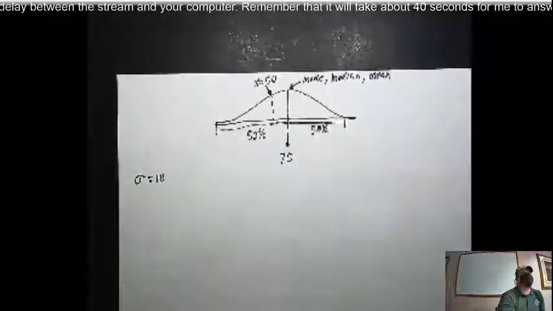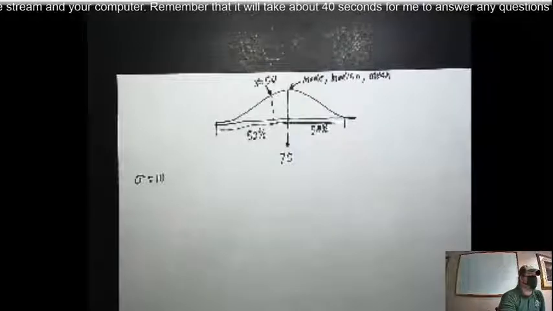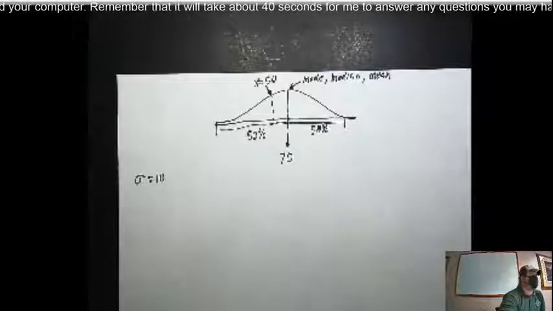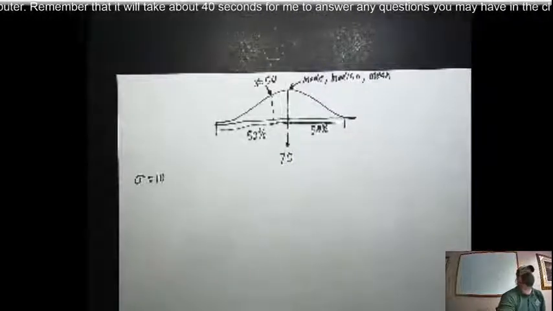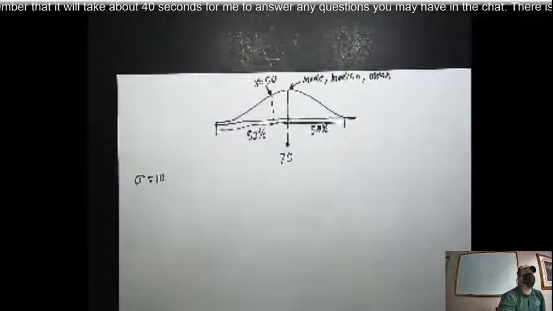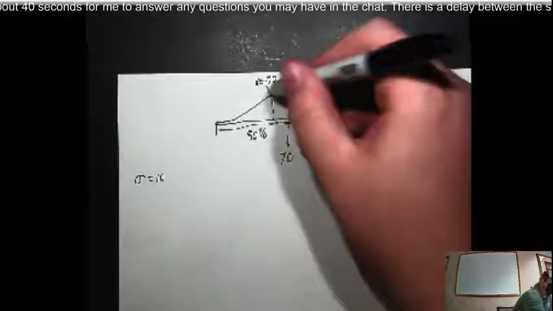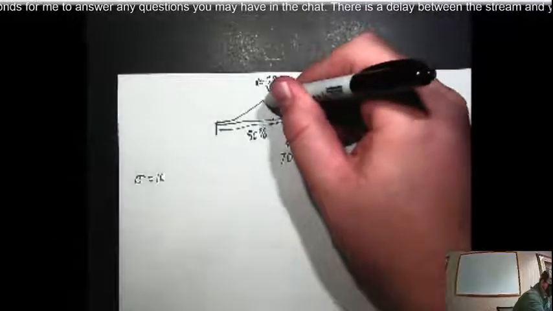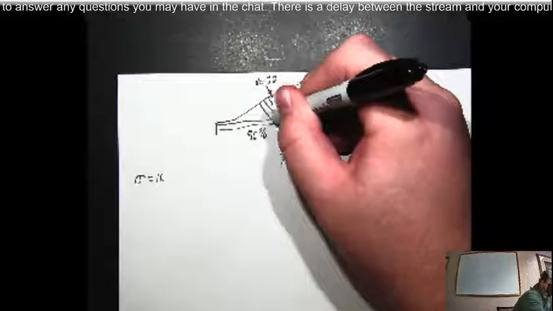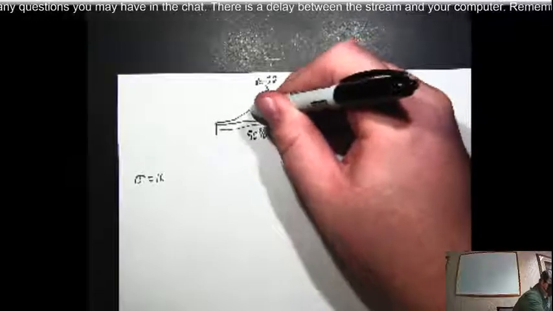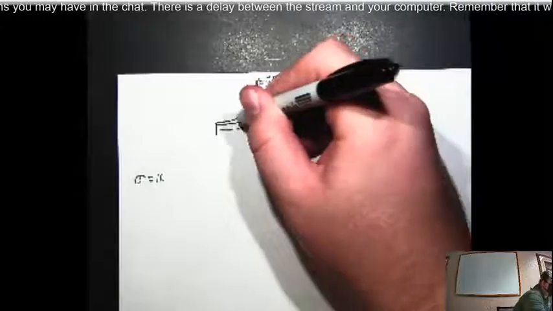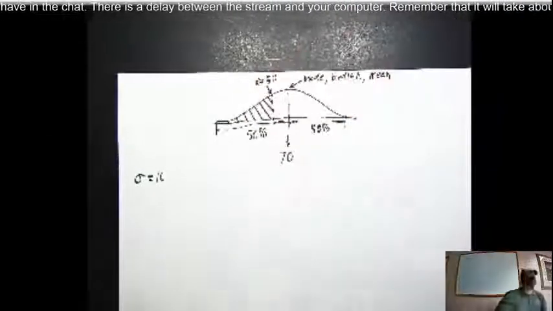So something that we could do is figure out how many people, or what percent of the people in this retirement home are at or below the age of 50. Okay, so what we would be doing is finding this area right here. How many people, or what percent of the people fall in this area?